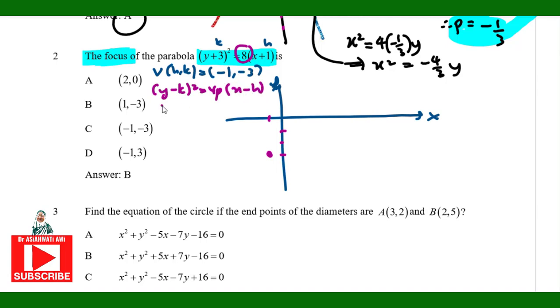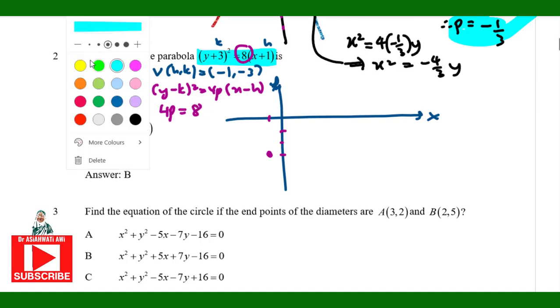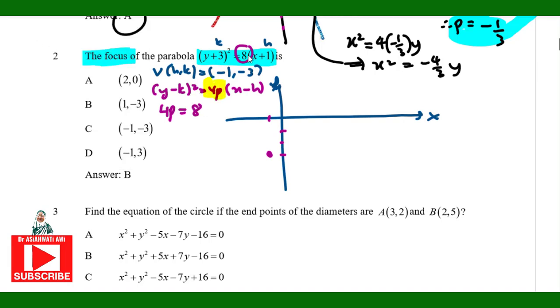So 4p is equal to 8, then p is equal to 2. P is positive, so the parabola opens to the right. The distance p from the vertex is 2. We're going to find the focus.